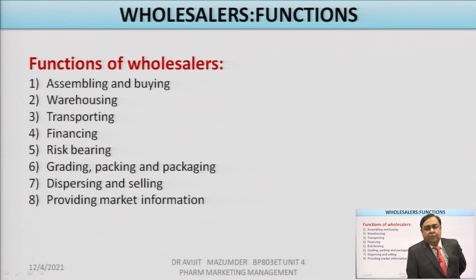The next function is financing or giving credit. It is not that a retailer who is taking the item from him today will give 100% payment today. There may be a time gap which we are calling as providing credit.